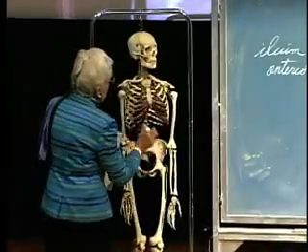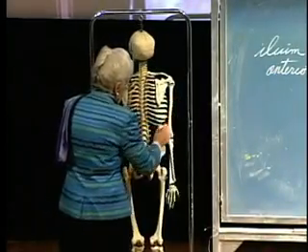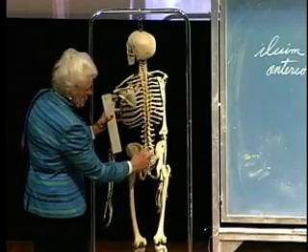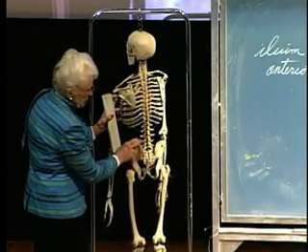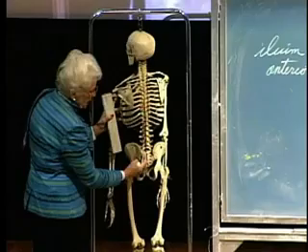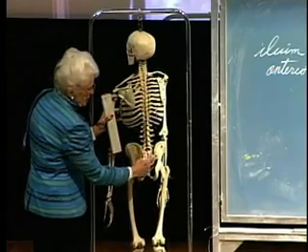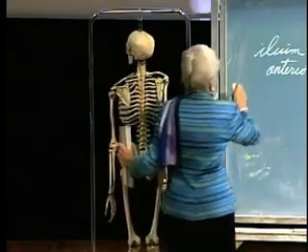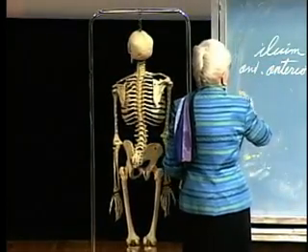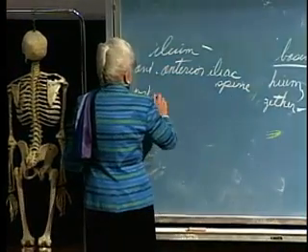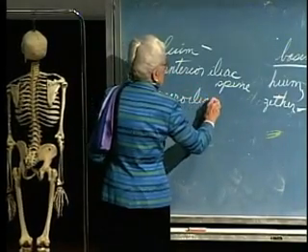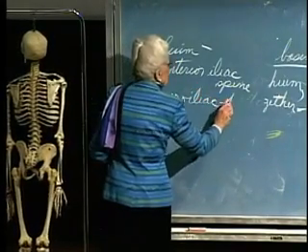Another landmark for the ilium is the sacral. Here's your sacrum. Here's your ilium. The sacroiliac joint. Posteriorly, we have the sacroiliac. The anterior spine was anterior, posterior. The sacroiliac joint.